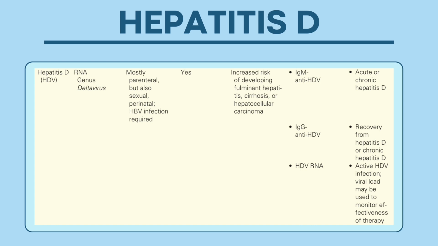And lastly, it has clinical significance such as acute or chronic hepatitis D, recovery from hepatitis D or chronic hepatitis D, and lastly, active hepatitis D infection, for which viral load may be used to monitor the effectiveness of therapy.